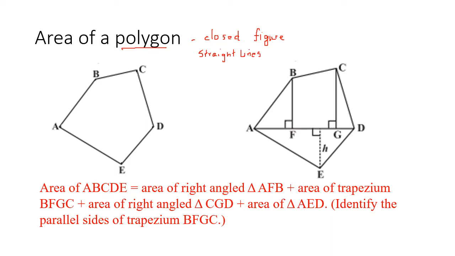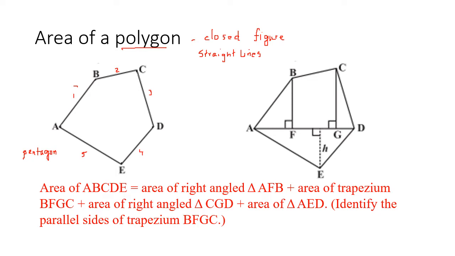If it has four lines, it is a quadrilateral. But here you can see there are five sides: AB, BC, CD, ED and AE. So this is called a pentagon, because it has got five sides.